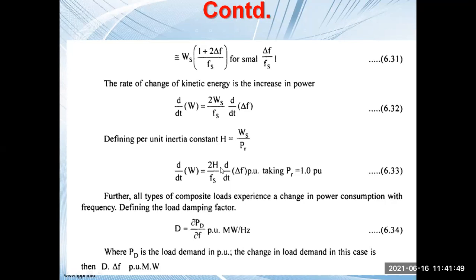So we'll substitute here: Ws by PR, so this will be twice H by Fs, and this will be d/dt of delta F. So this will be in per unit. PR is equal to 1 per unit here, so that's why PR is not coming here. PR means the rating of the generator.